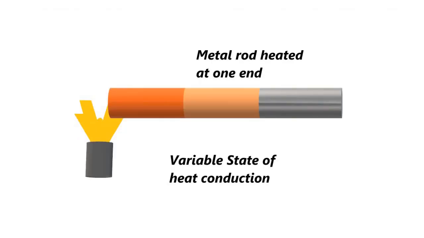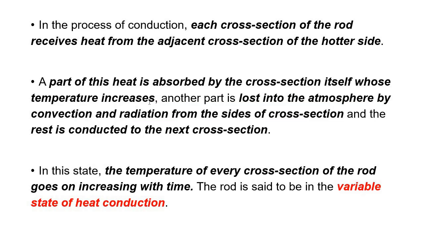So here, as the heat is transferred from one end to the other, each cross section takes heat from the adjacent cross section. Some portion of the heat is absorbed by that cross section, which leads to an increase in temperature. Some portion is lost into the atmosphere through convection and radiation, and the rest is transferred to the next section.